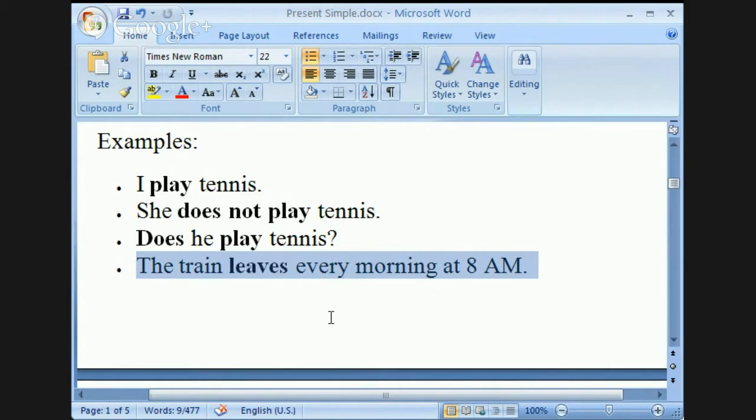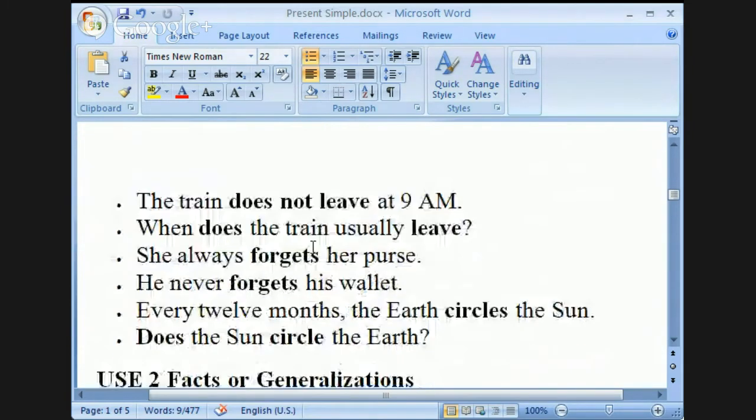Okay, and this is very often the case with things like public transportation. Good example here: the train leaves every morning at 8 a.m. All right, this is a regular repeated action that happens every day at the same time. It is scheduled. Often you will see present simple used to describe transportation schedules.